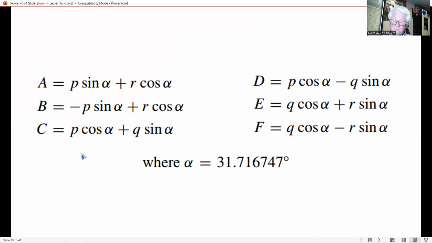Here alpha is equal to 31.72 degrees, exactly 31.717474, and this is the angle between the gyro input axis and the body axis. By the way, there are thus 6 equations in 3 unknowns, which can give 2 independent measures of each body rate.